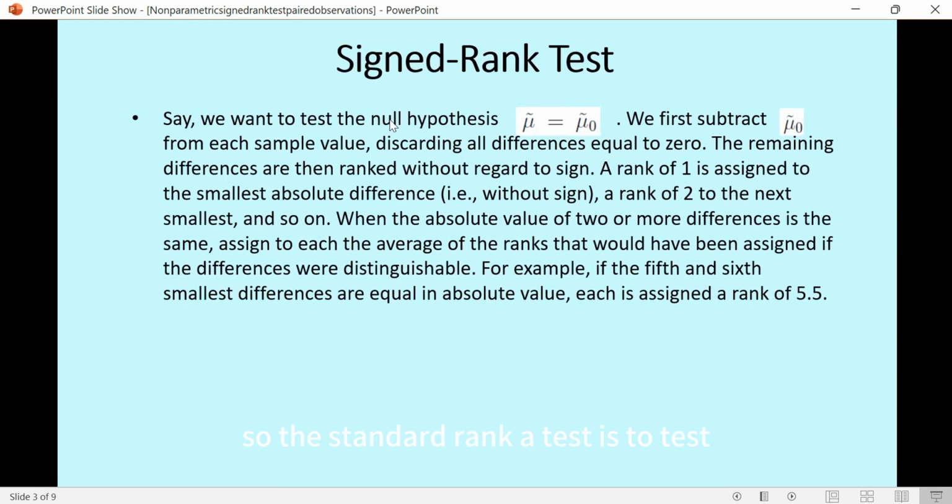So the signed rank test tests the hypothesis that the median of the data equals one specified value. Here we subtract all the data from this specified value. Then we rank the absolute values, no matter whether they are positive or negative.